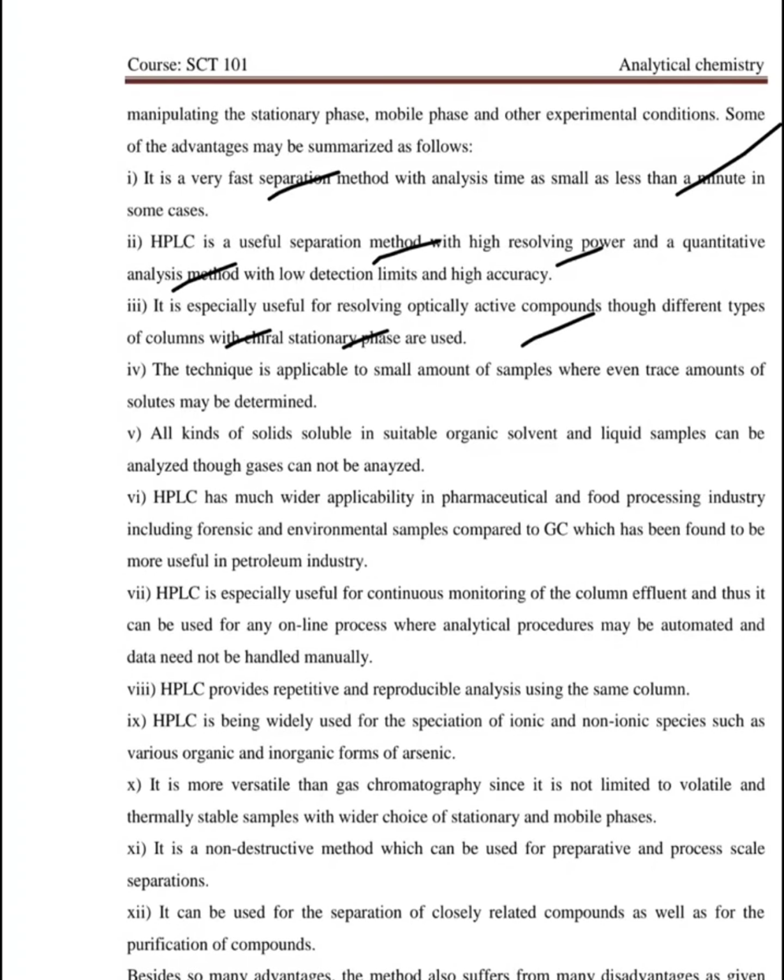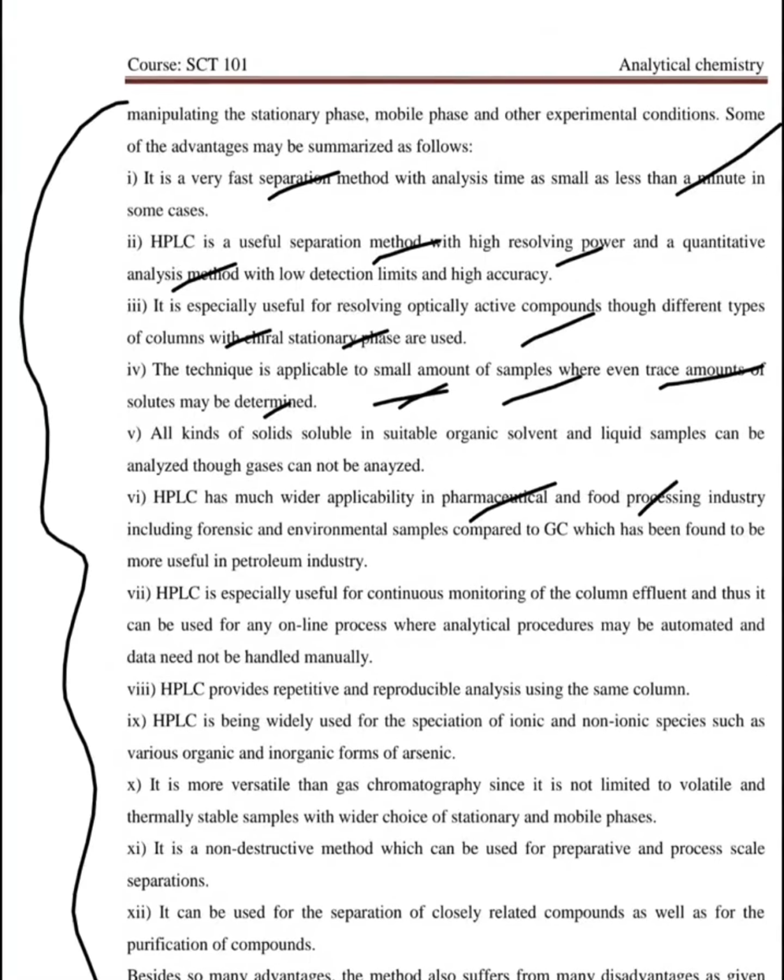Chiral stationary phases can identify isomers, and the technique is applicable to small amounts of samples, where traces of solute may be determined. It is also applicable to pharmaceutical and food processing industries. These are the advantages. Lots of advantages are there.